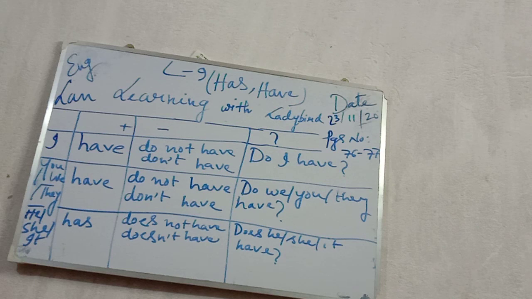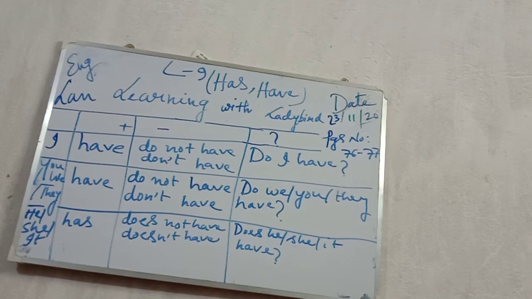Yes, she has a cake. While making a question, the structure is totally different. Does Natalia have a cake? Does have. Then while giving the answer, in an affirmative sentence, she has a cake. It means we are using has here in affirmative form.